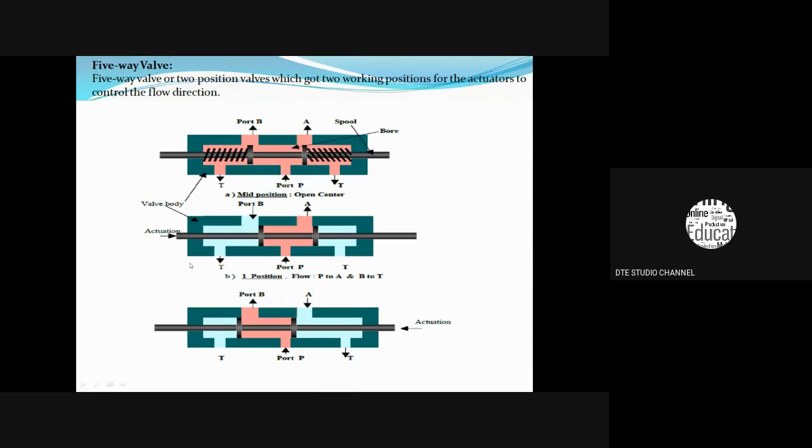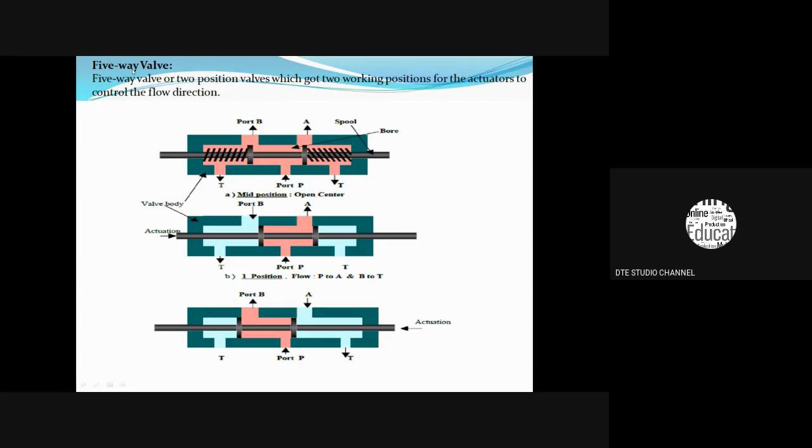Five-way valve. As its name implies, a five-way DC valve has five ports. Port P, which is connected to the pump as the inlet port, A and B, the working ports, and two tank ports. Totally, it has five ports on the valve body.